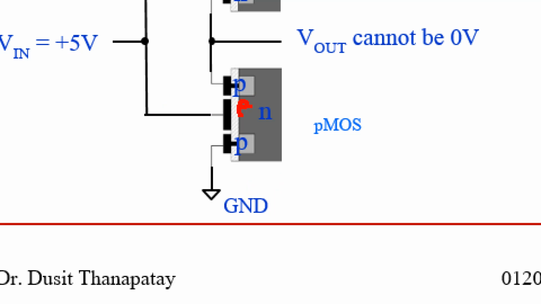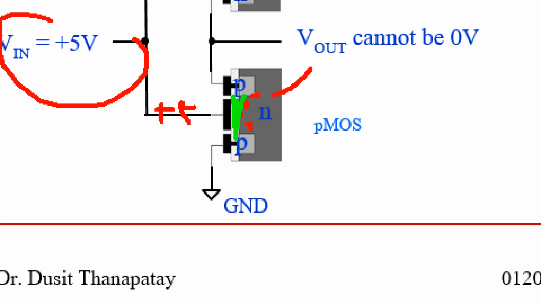But after you apply 5 volt, feed in 5 volt here, this area will still be N-type material. So there is still some reverse bias junction between N and P material.